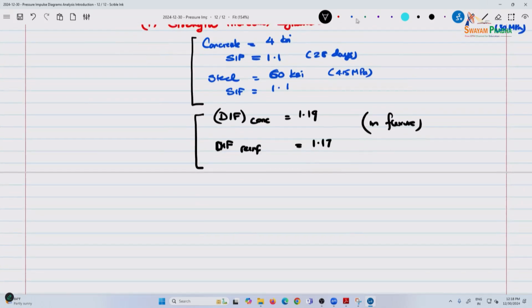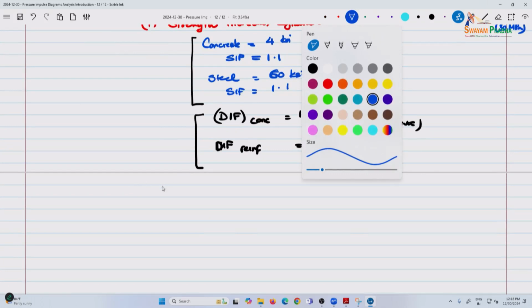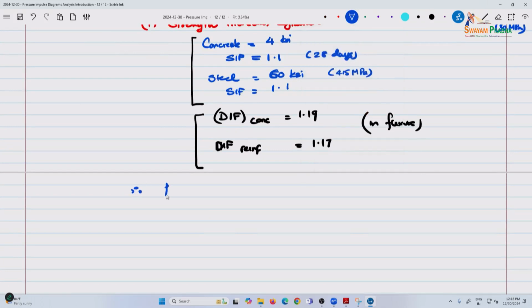So what we get here is FC dynamic is SIF multiplied by DIF multiplied by FC prime, which is 1.1, 1.19 multiplied by 4. So you are actually looking at a 25% plus increase in the actual capacity.